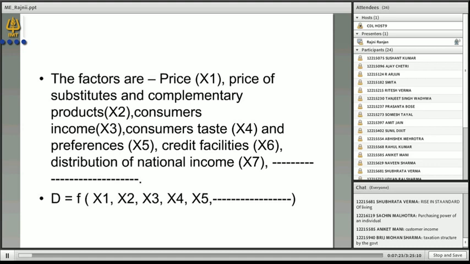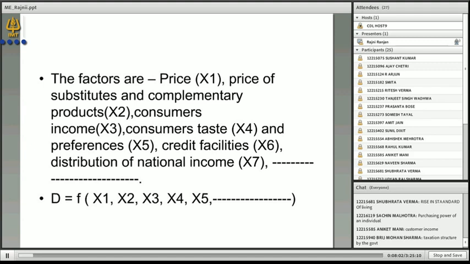These factors include price, substitutes and complementary goods, consumer income, consumer tastes and preferences, credit facility, distribution of national income. Of course, on the slide itself, I've missed out other points like government policy, and the infrastructure facilities available in a nation, which also drive the demand for cars, because better infrastructure means that people are motivated towards usage of cars and driving them more and more.